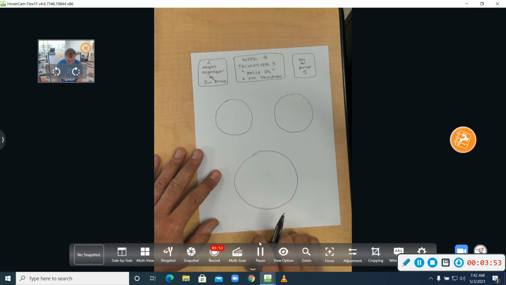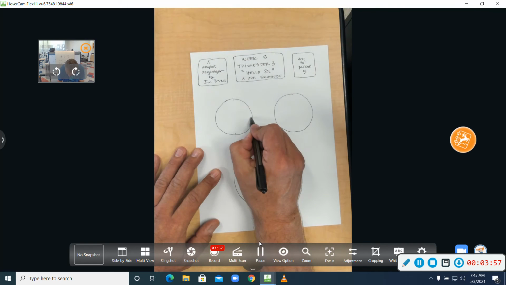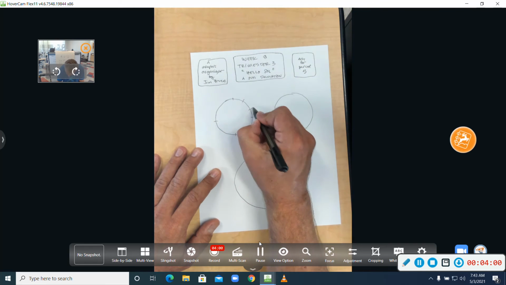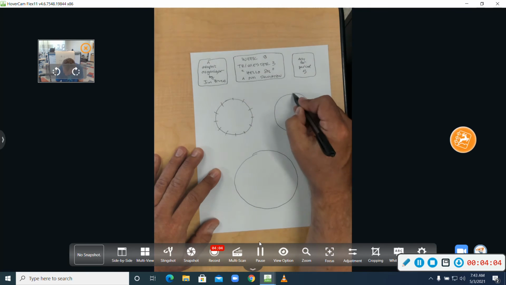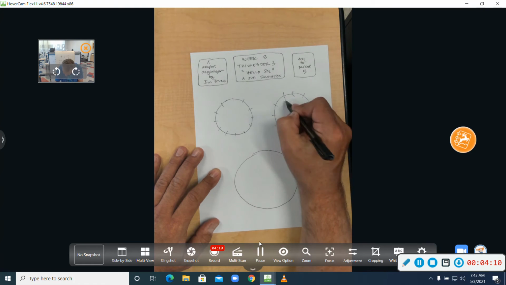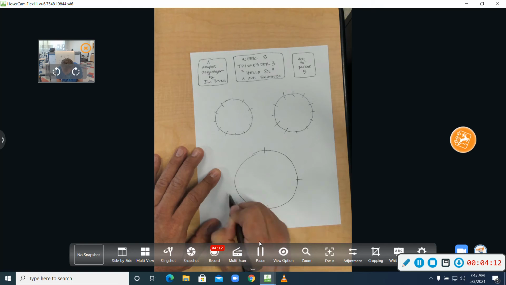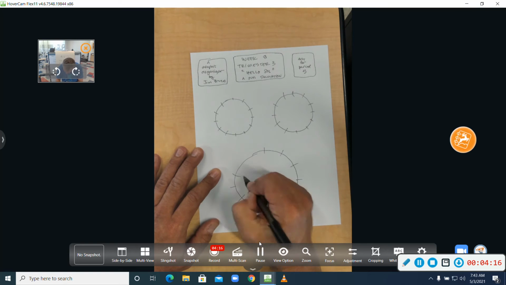All right. Now we're going to go ahead and subdivide each of these sections. And we should get a clock sort of relationship. Bam.